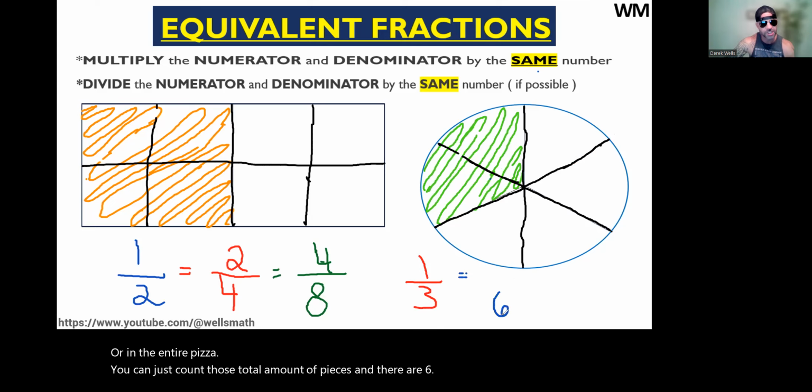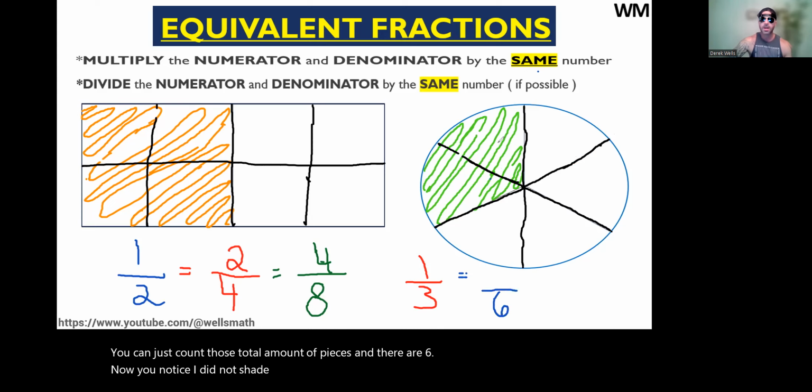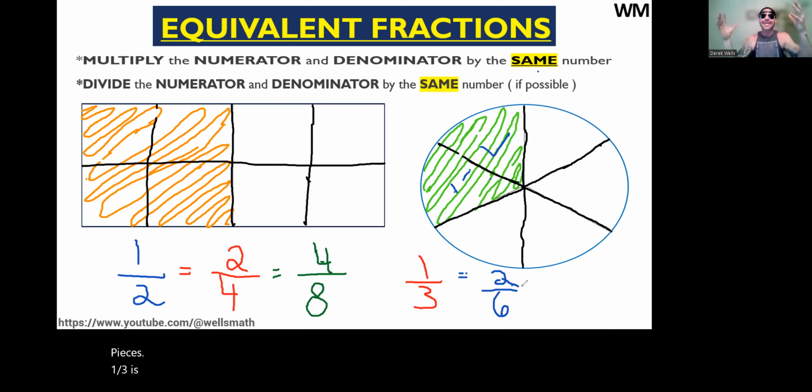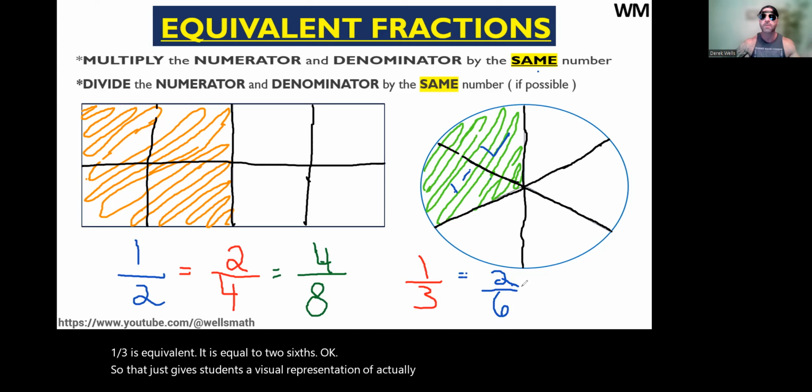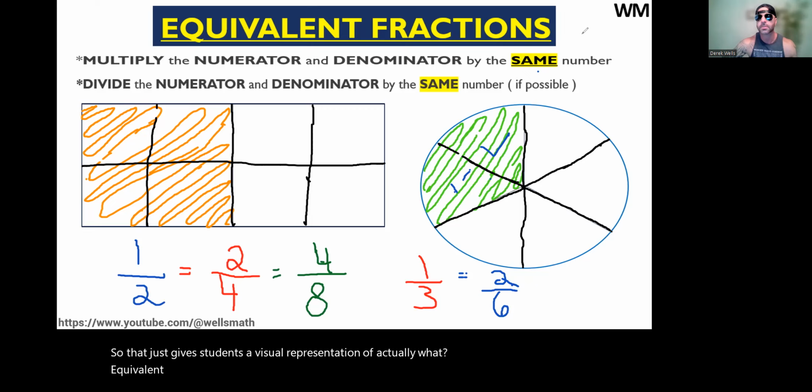Now, you notice I did not shade any more in green, and now there are 2 pieces. 1/3 is equivalent. It is equal to 2/6. Okay, so that just gives students a visual representation of actually what equivalent fractions really are.